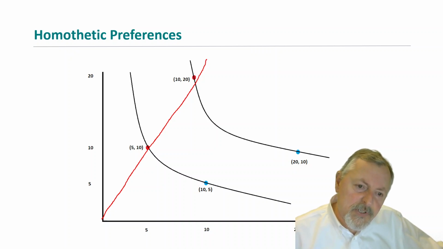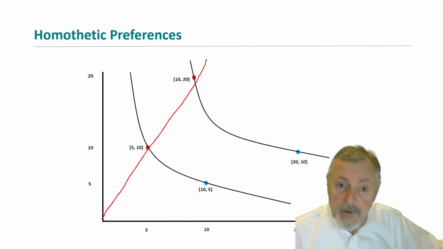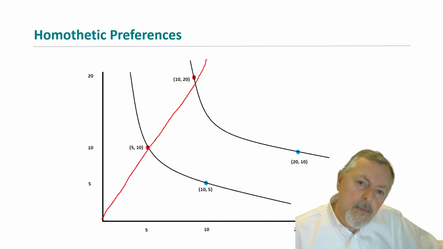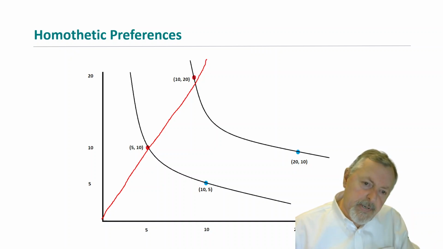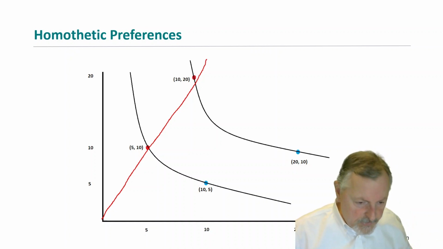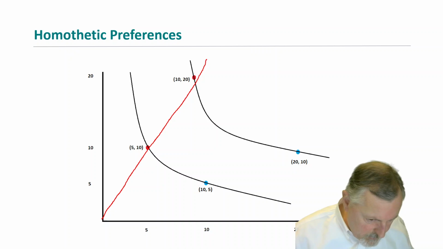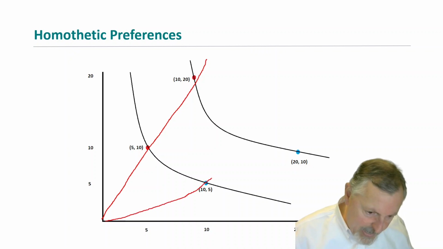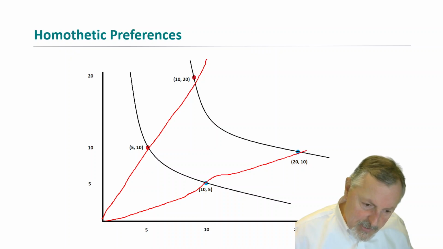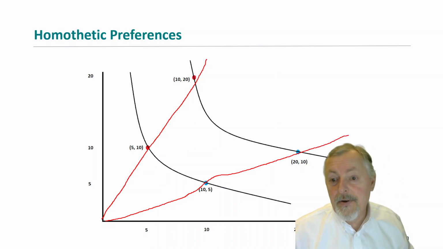As your income goes up, and you can afford to buy more of both, the consumption bundles you will consume will fall on that straight line. And if I can do it for the blue one, equally badly, because drawing with a mouse is not natural, you would get the same pattern.